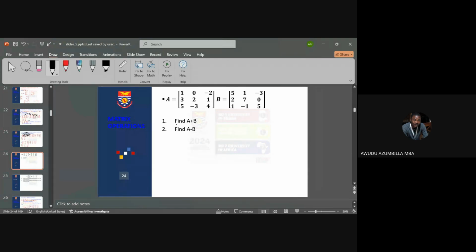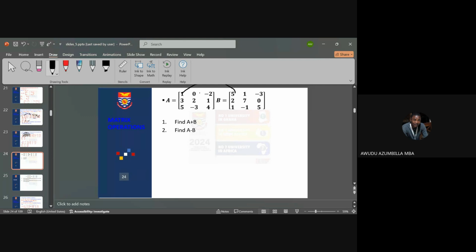The first one is to find A plus B. So add this one to this, add this one to this. Then you come and add this one to this, and then this one to this. Then the last one, you add this one to this, and then this one to this.